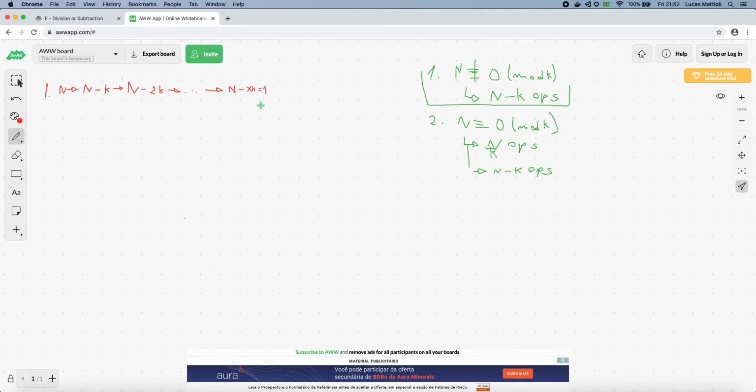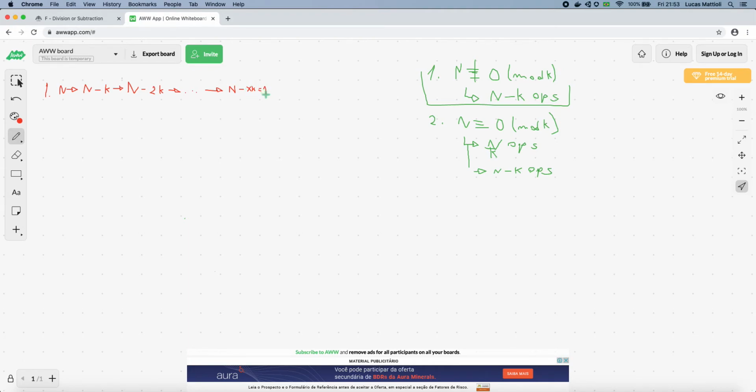This is what we want, and we need to think which case will give us this property, which will make us arrive at 1.